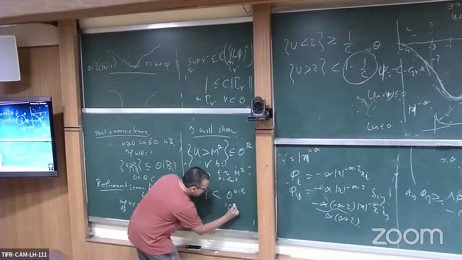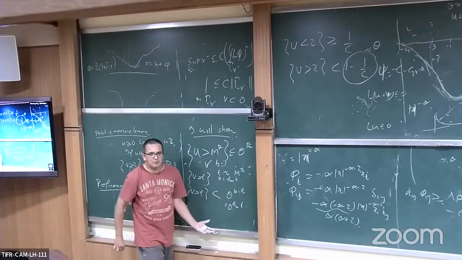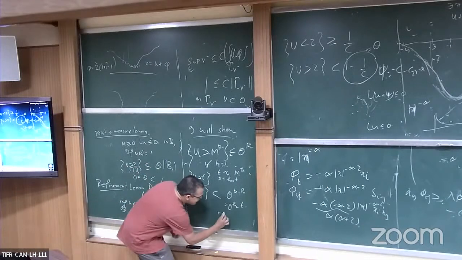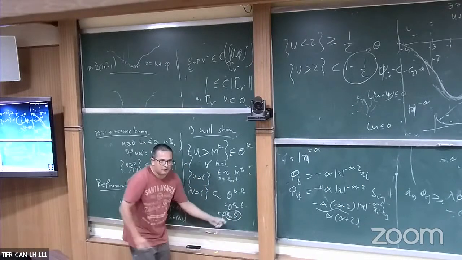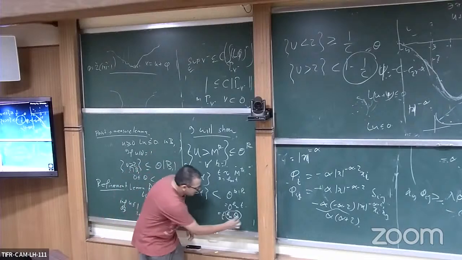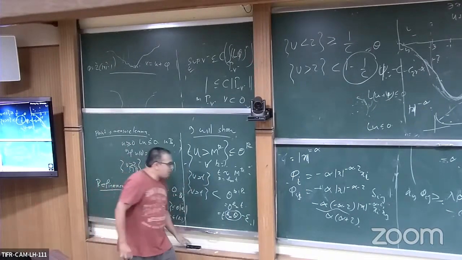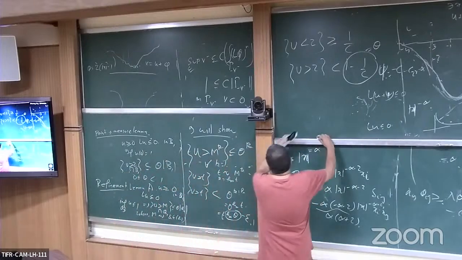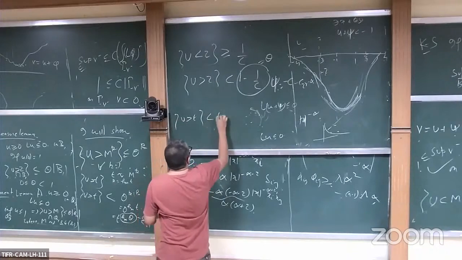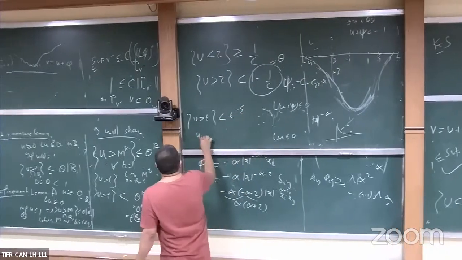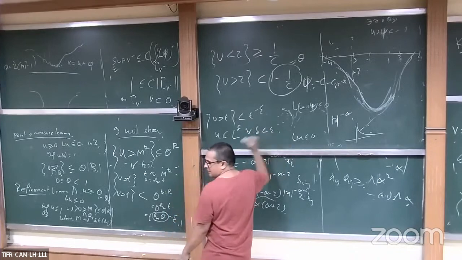So this is theta to the log_m t, and from basic logarithm that you know from high school algebra, this is nothing but t to the log_m theta. And this is a negative number. Why? Because theta is less than 1. So this is your minus epsilon. Therefore, from this inequality, you get that the measure of {u > t} is less than t to the minus epsilon. That means that u is in L delta for all delta less than epsilon.